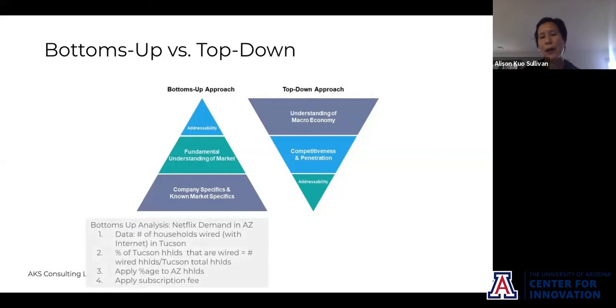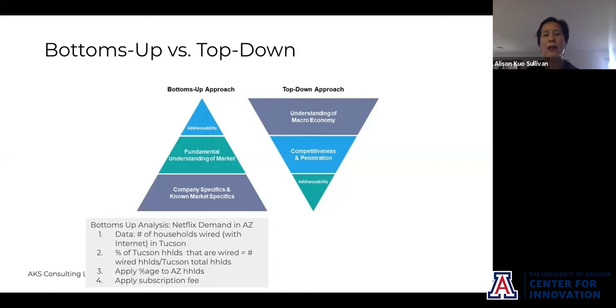So if we roll on the Netflix example, and look at a bottoms up analysis where we're trying to determine, this is really simple, Netflix demand in Arizona, the data that we're trying to grab is the number of households wired with internet in Tucson.